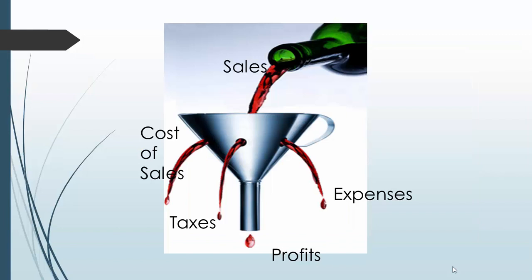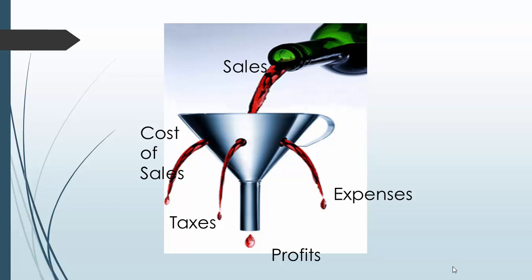Anyway, here we go back to your income statement, and here's another picture of it. Let's say you get this bottle of wine, and that's your sales, and you want to drink this wine. But before you can drink it, you have to pour it into this funnel. Unfortunately, the funnel has holes in it, and as you pour it, the wine leaks out. Part of the leakage is your cost of sales, the cost of the product in order to get those sales.